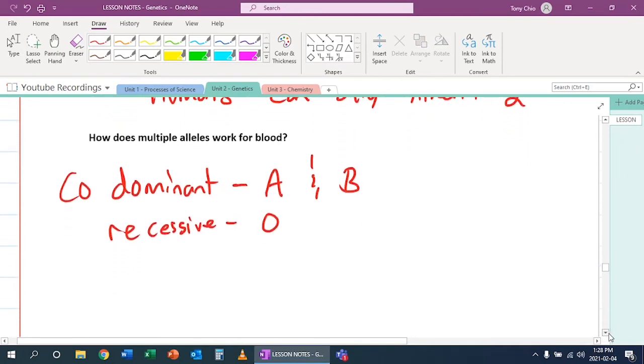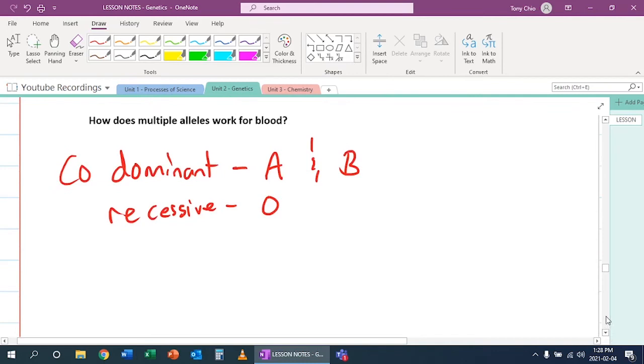Now, these blood types are attached to a protein called immunoglobulin, and that is represented by I. So just like our sex-linked traits, we're going to write them like this. If you have A blood type, that's going to be represented as I superscript A. If you have B blood type, that's going to be written as I superscript B. And if you have O blood type, that's actually lowercase i.